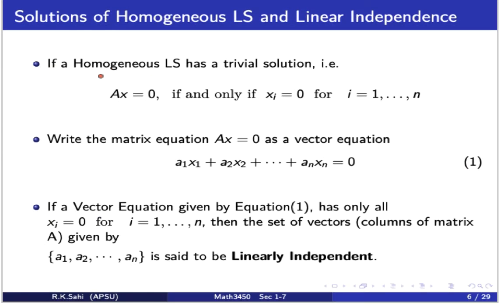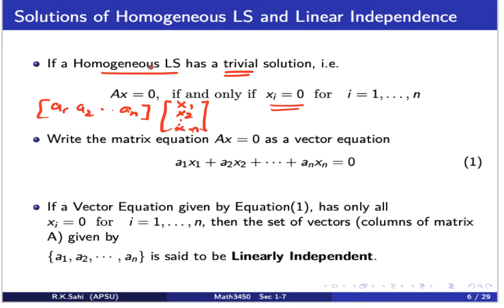Now, a homogeneous linear system has only the trivial solution, that is, the corresponding matrix equation Ax equal to 0 holds if and only if all the xi's are 0 for i from 1 to n. In other words, when you write this matrix A, suppose it has columns a1, a2, say an, and this is the vector x1, x2, xn, because the matrix product has to be valid.